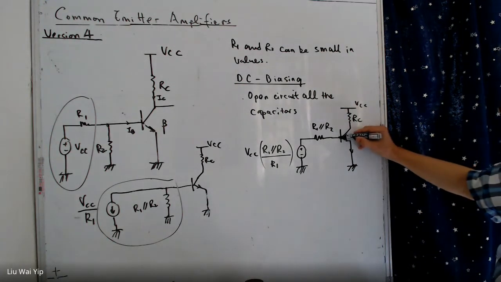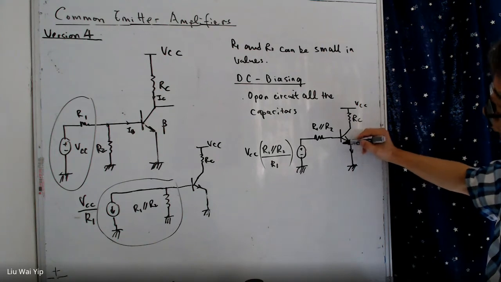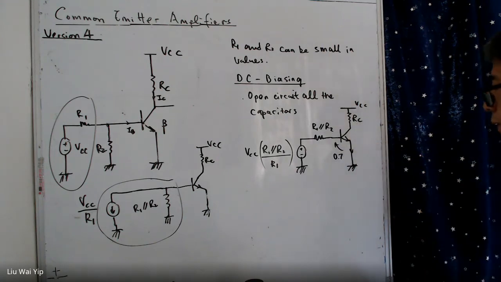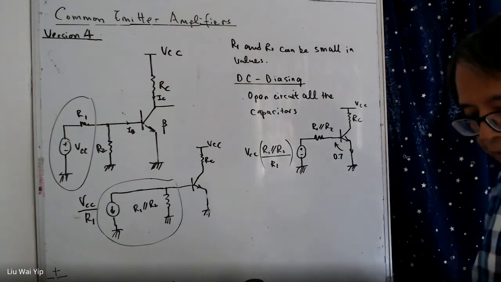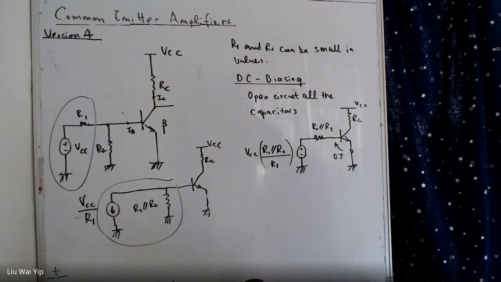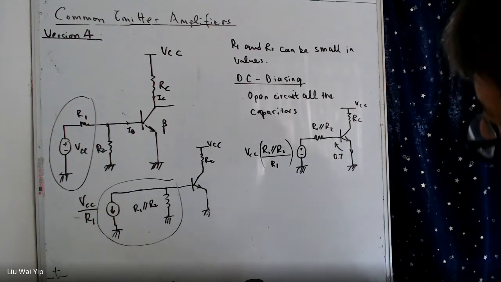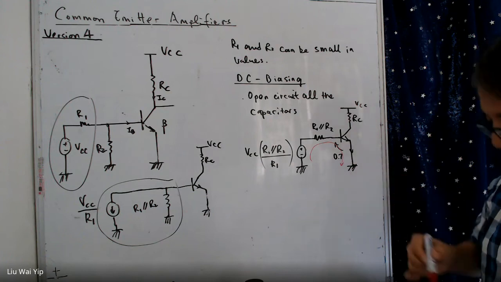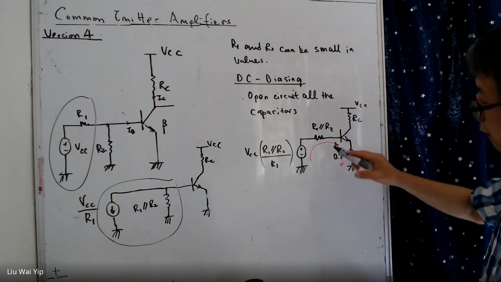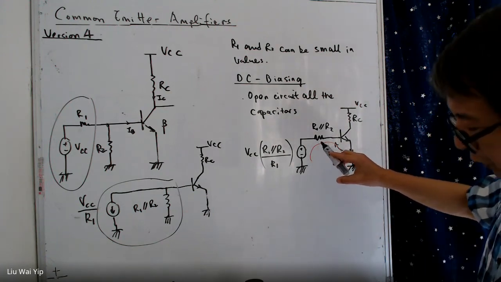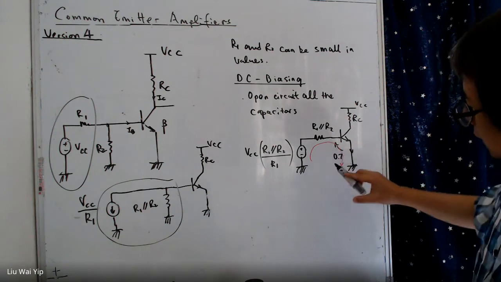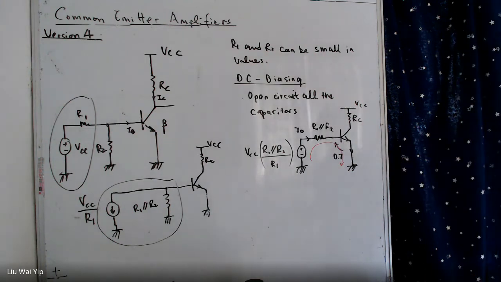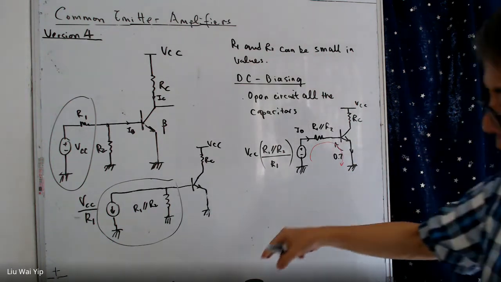Now, the base-emitter voltage should be around 0.7 volts. And we can use Kirchhoff's voltage law to calculate the value of IB. We can apply Kirchhoff's voltage law in this loop here, and we calculate IB. So let's do it.